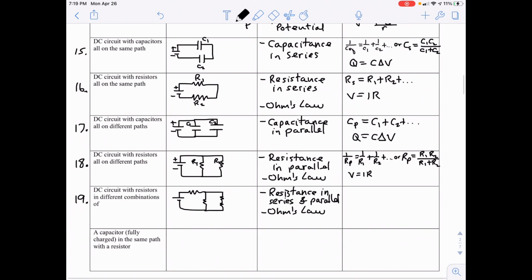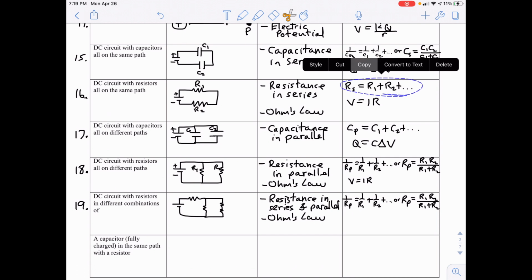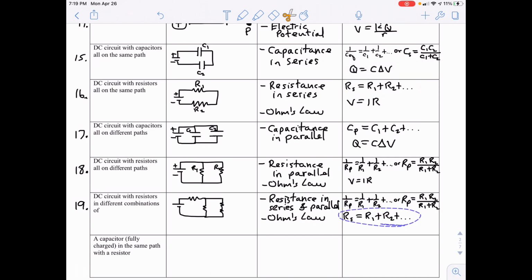And we're going to need kind of a series of equations here. One, we're going to need the equation for resistance in parallel. That's number one. We're going to need the equation for resistance in series. That's number two. And then we need Ohm's law. That's number three.